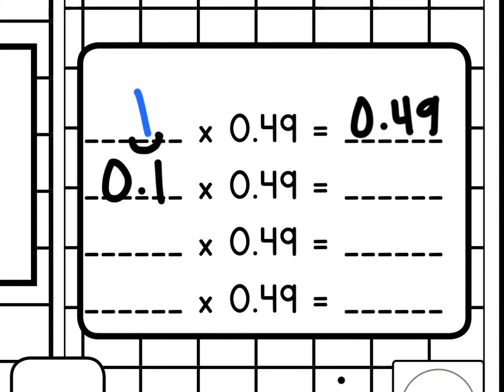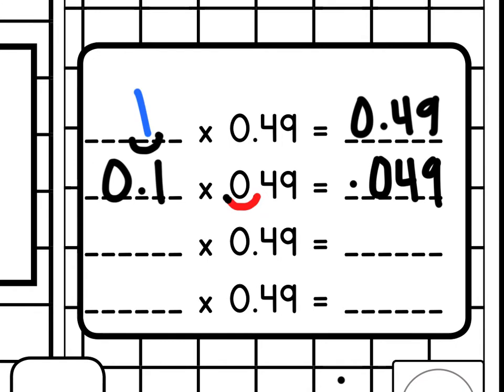And since we moved the decimal to the left, we will take our decimal and move it 1 to the left. And our new decimal is right there. And so our new number would be 0.049.